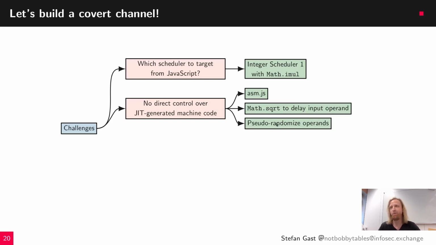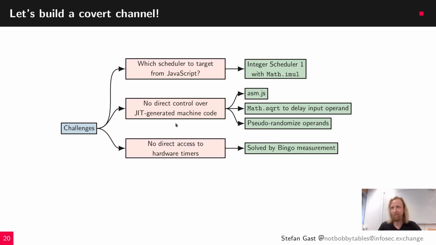And in order to prevent the JIT compiler from over-optimizing our measurement code, we pseudo-randomized the operands for the square roots and the multiplications. We don't have any direct access to hardware timers, but this is already solved by the bingo measurement that I have just shown before.